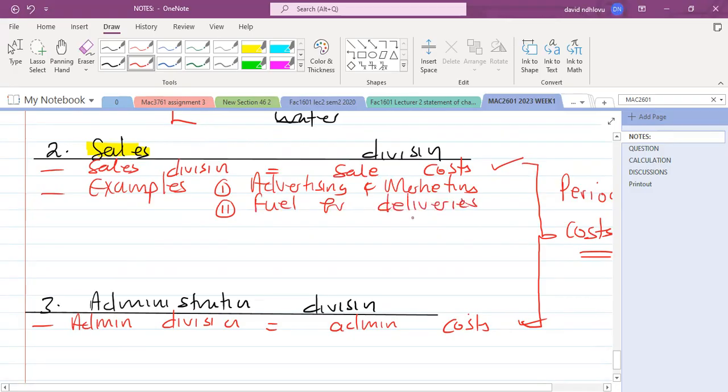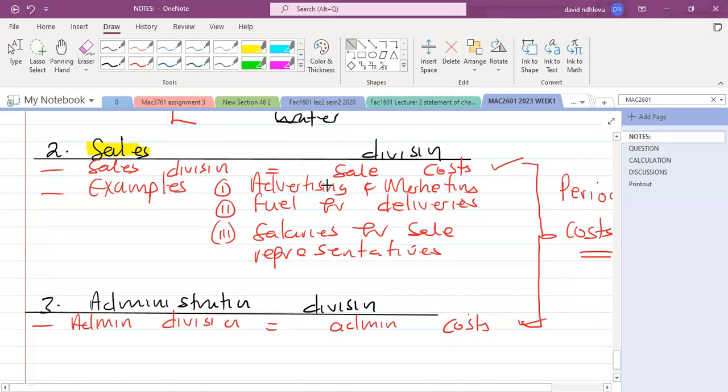Then there are the salaries of sales representatives. So all the costs incurred in an effort to sell the product of the company will fall under the term sales costs.